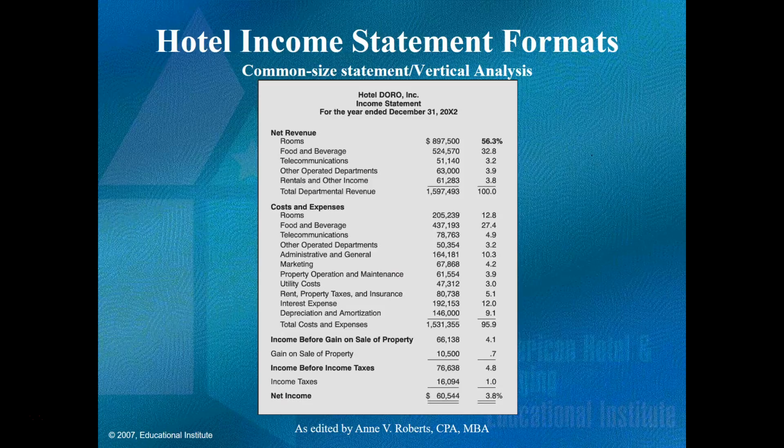Remember, common means common divisor. So in this particular case, we're going to take each one of the revenue numbers and divide by the total departmental revenue. Our common divisor in this application is the 1,597 for the total revenue.